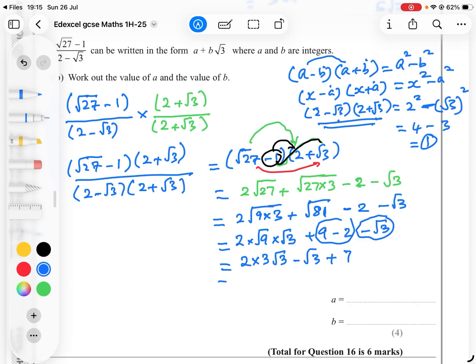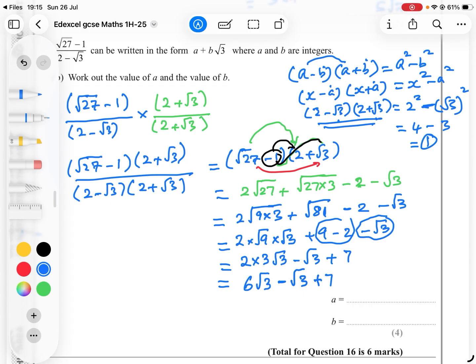Now 2 times 3 is 6. You can write 6 square root of 3, take away square root of 3, plus 7.